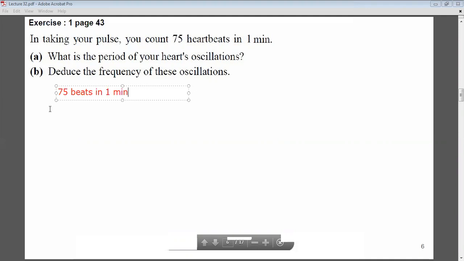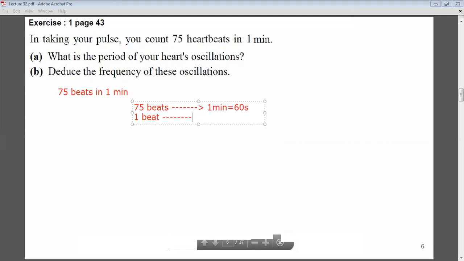What is the period of your heartbeat? So here you have to remember this thing, 75 beats in 1 minute, which is 60 seconds. The period by definition is the time taken for one cycle. So for one beat. So one beat will take how much?